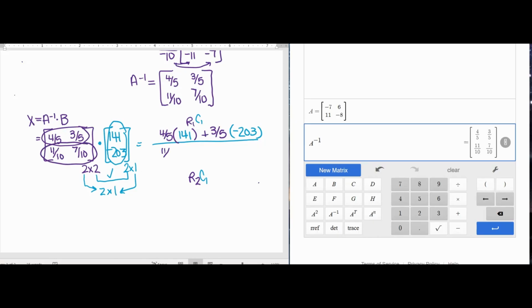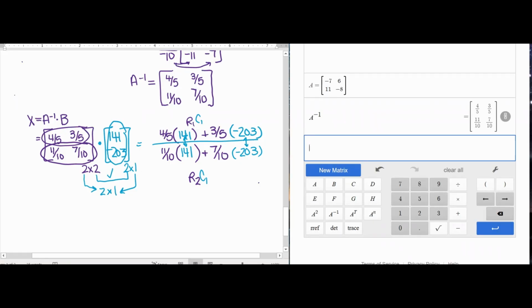We're going to have 11 over 10 times our 141 plus our 7 over 10 times our negative 203. And again, what's in parentheses should level up. If not, double check what went wrong.